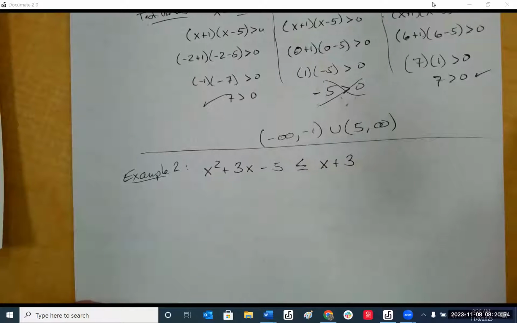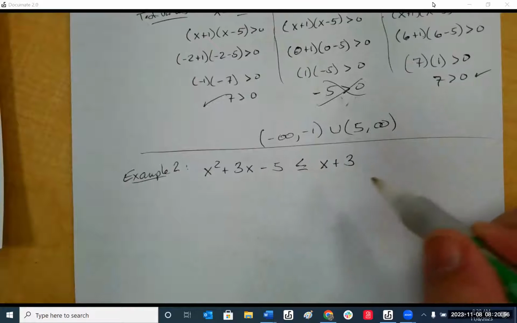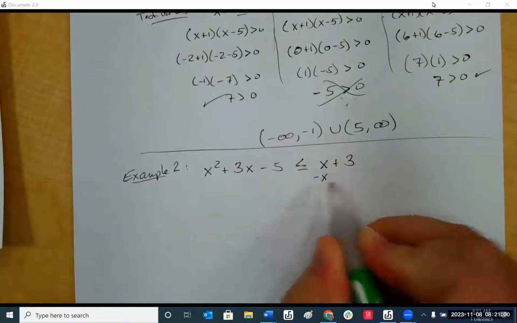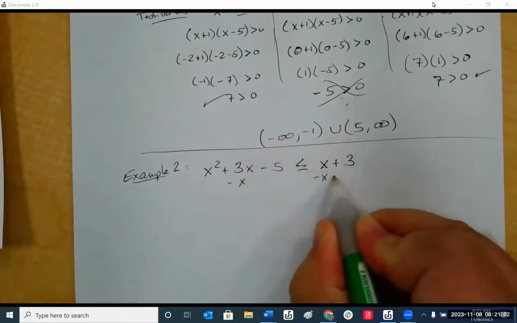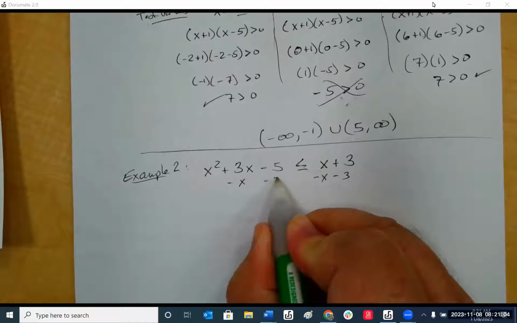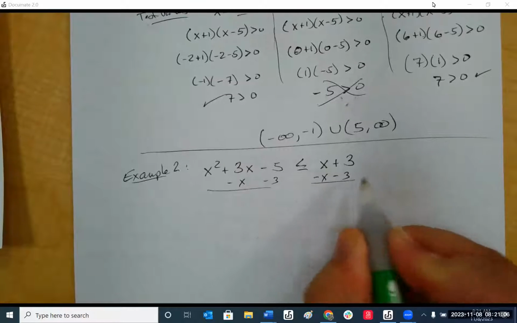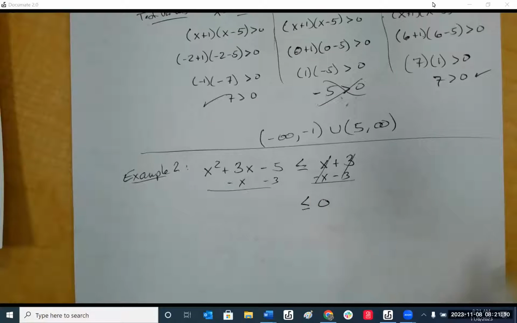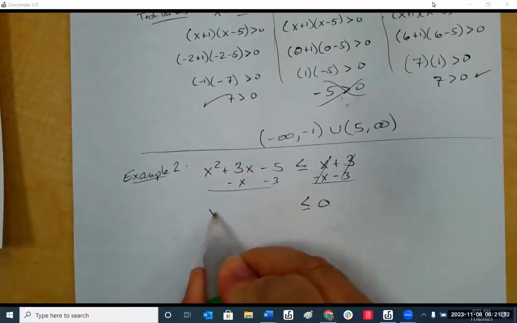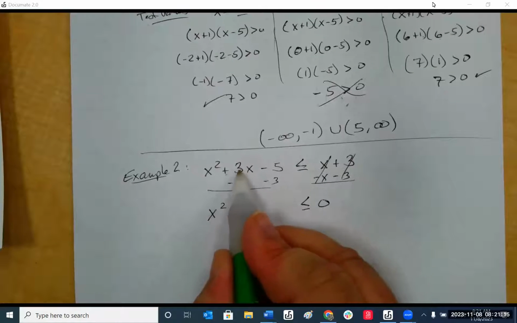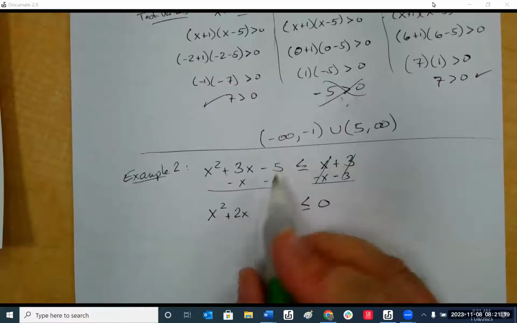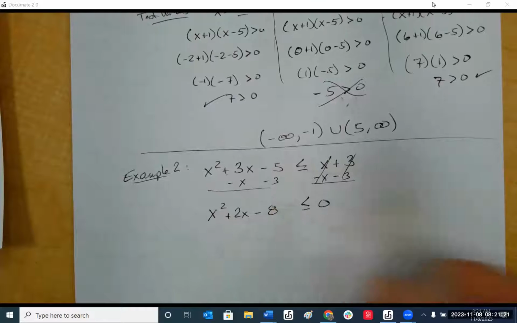Check. So we have to get it equal to 0. So we have to move everything over to one side. So I subtract x, and I subtract 3 from both sides. So I got x squared. Positive 3 minus 1 is a positive 2x. Negative 5 minus 3 is negative 8.